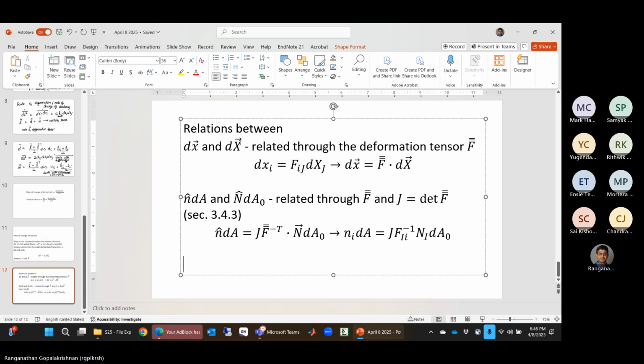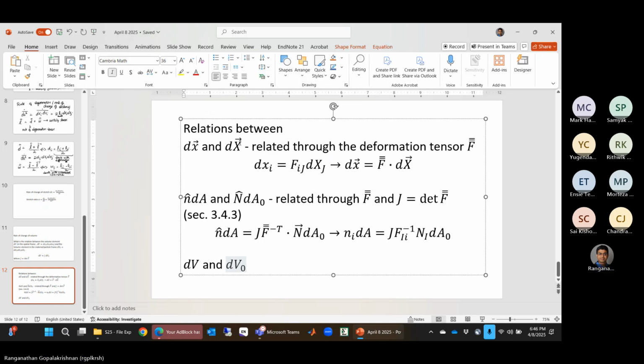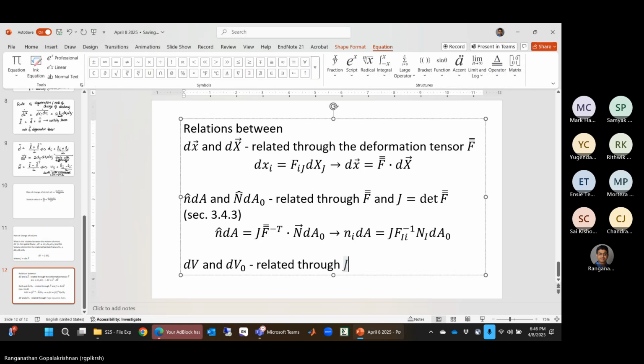And then dV and dV naught are related through J, the determinant of the deformation tensor, and dV is J times dV naught. So this is just static measures. You have a length element in one frame of reference, what happens to it in the other frame of reference?